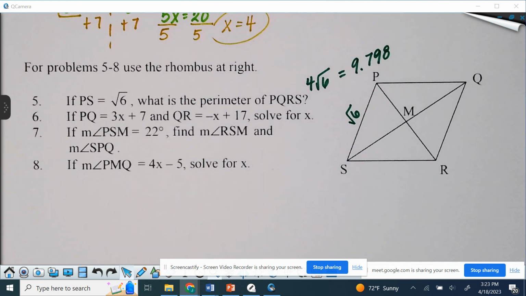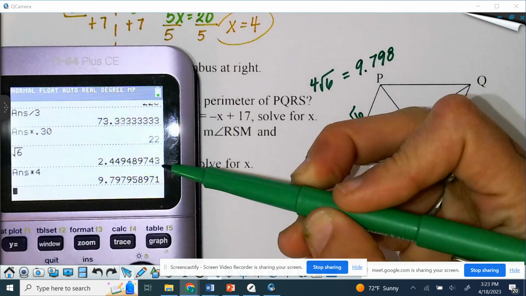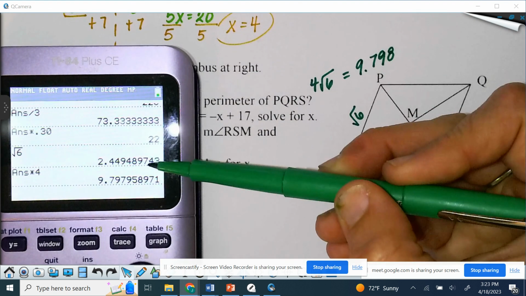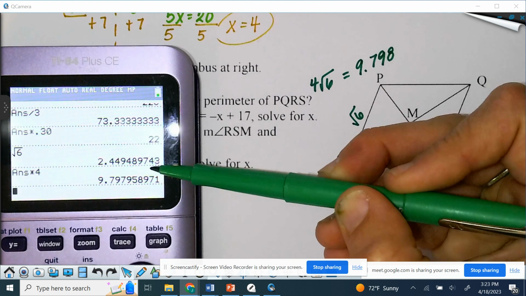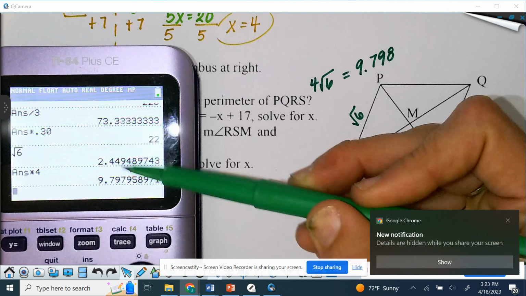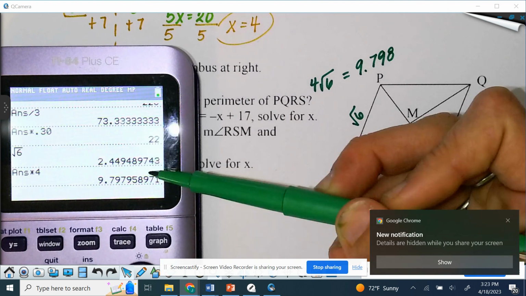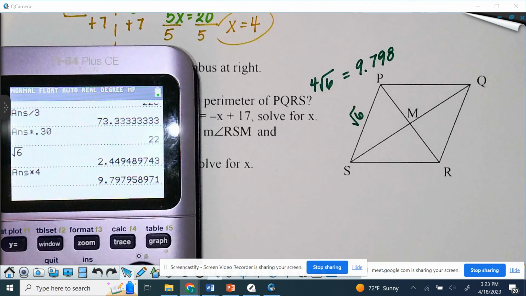And what I mean is I would not start your rounding personally here unless it makes note of a certain decimal place and then multiply it by 4. I would try to use the most accurate version. And I put it in a little differently just to make sure I was going to be able to discuss each number, because you could obviously put in 4 times the square root of 6 in one line as well, or in Desmos, pretty easy.